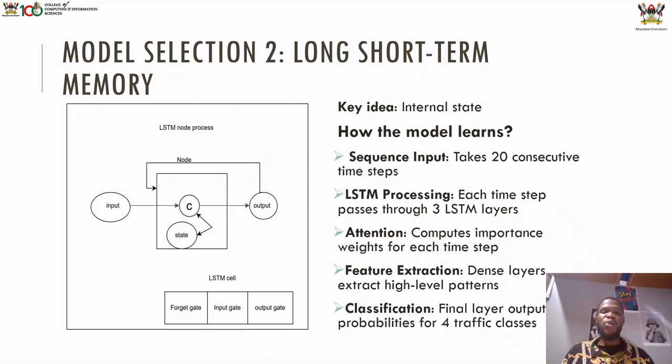So model 2 was the long short-term memory. Now, this is a type under the recurrent neural networks, if you know those. The recurrent neural networks are simple, simplistic in a way. If I can explain, the recurrent neural networks learn in this format.